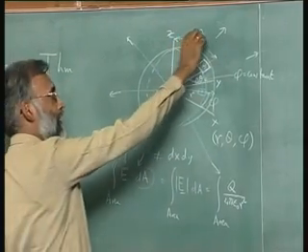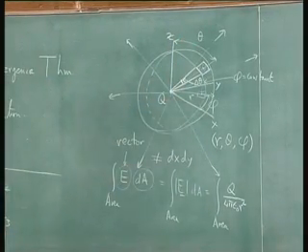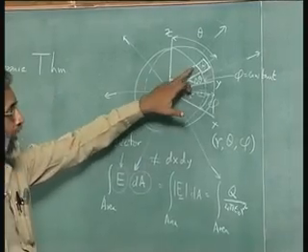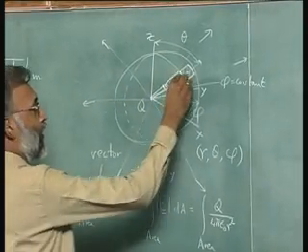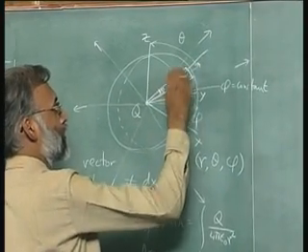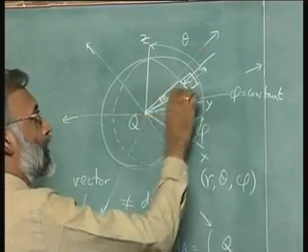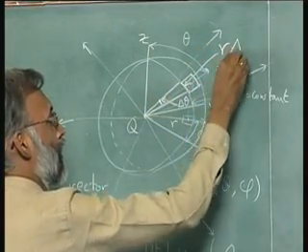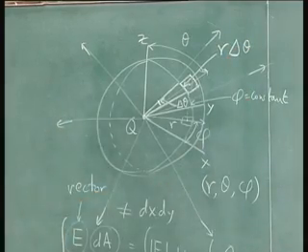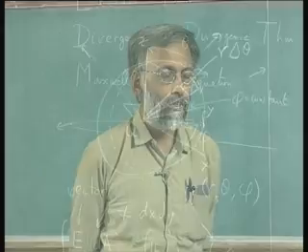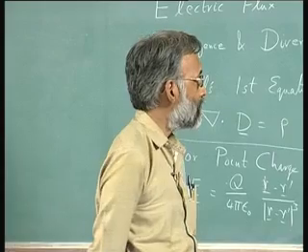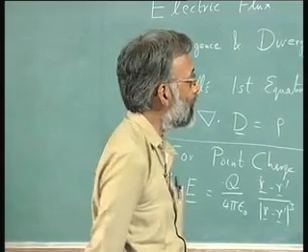The main angle is theta itself. So, this length is delta theta times the distance. So, it is r delta theta. You would have learned this from your geometry.